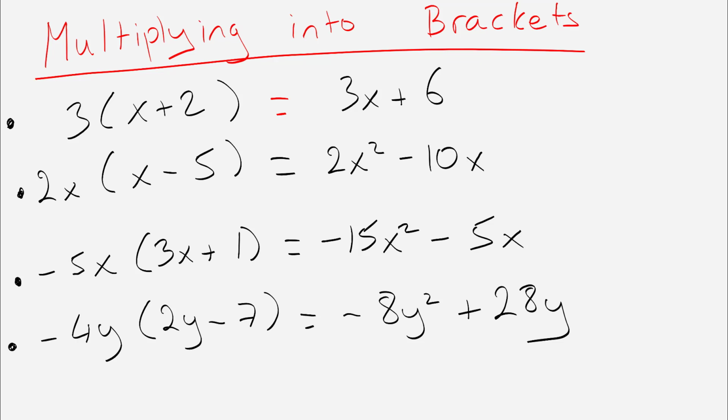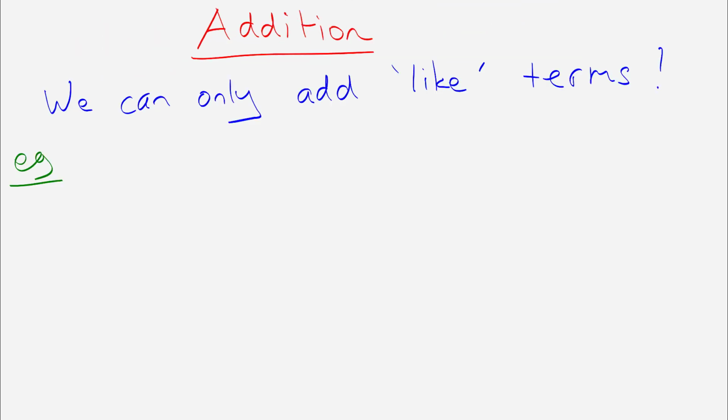We also need to have a look at addition and subtraction with algebraic terms. The important thing with addition is we can only add like terms. We can only add similar terms. So for example, if I had something like 3x plus 2 plus 5x plus 7, and I want to tidy up this expression, I want to add together what can be added.